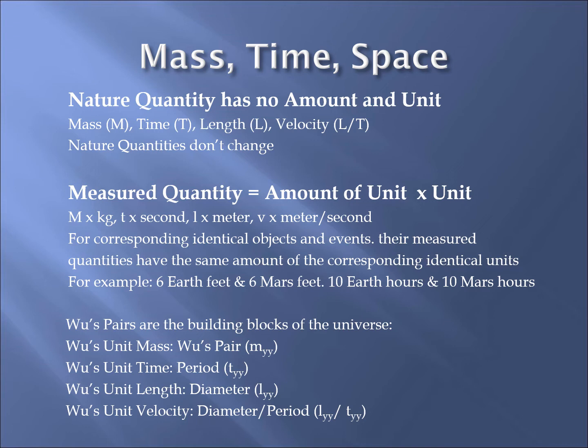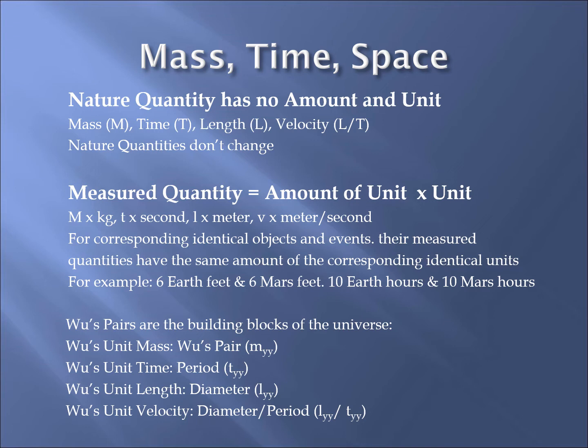For example, mass as m, time as t, length as L, velocity as L over t. Measured quantity is equal to amount of unit times unit. For example, m times kilogram, t times second, L times meter, v times meter over second.